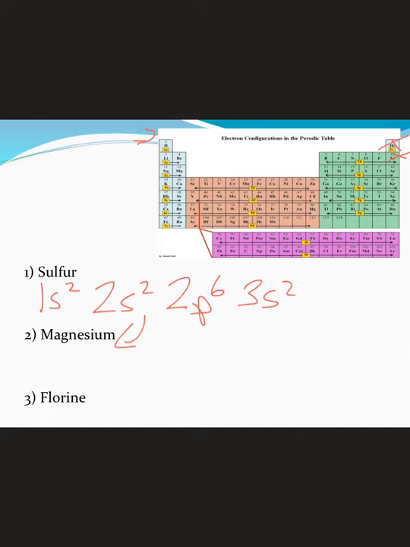Alright, so I'm going to have you do this in your science notebook. In your notebook, I want you to do 3 street addresses.